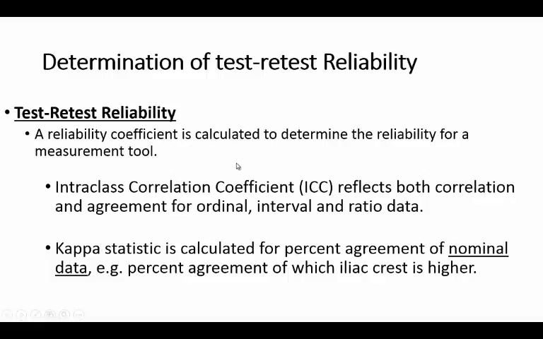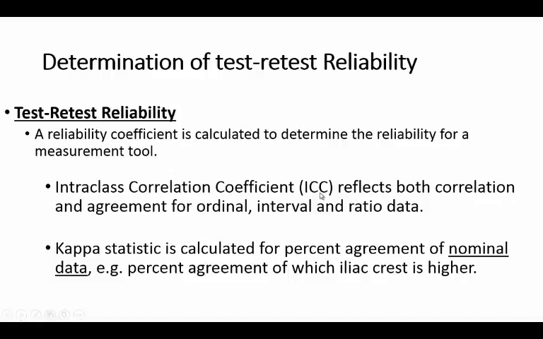If the variable is an ordinal, interval, or ratio variable, the best statistic that can measure reliability is called the interclass correlation coefficient, or ICC.